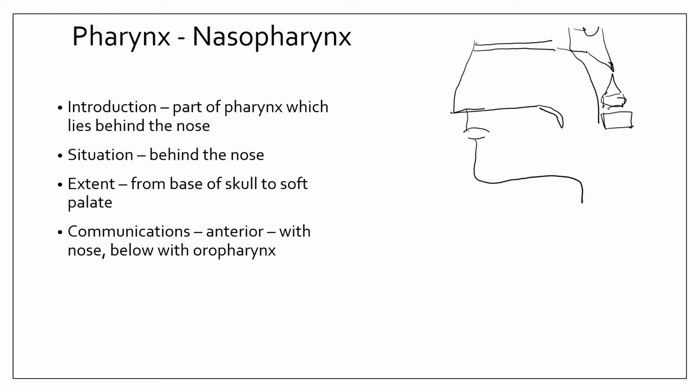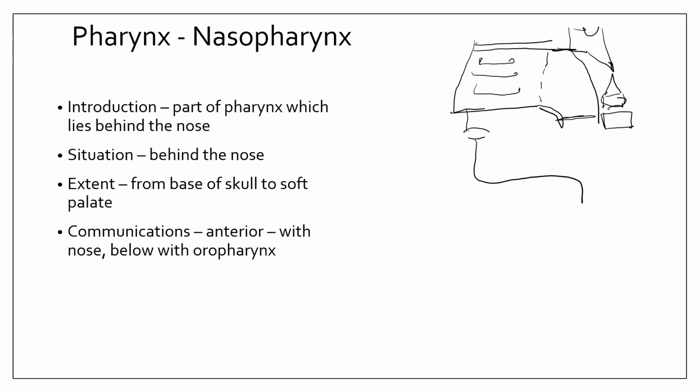Now we know that in the nose there are superior, middle and inferior nasal conchae and the meatuses. Then this will be the posterior nasal aperture or the opening. So the extent is, it extends from the base of the skull to the soft palate till here.